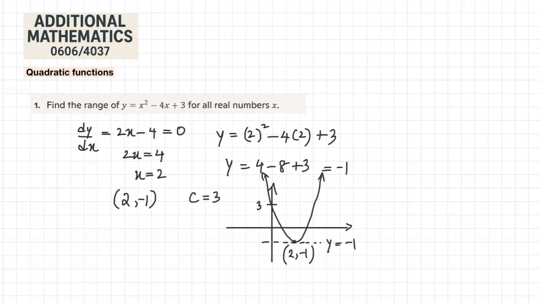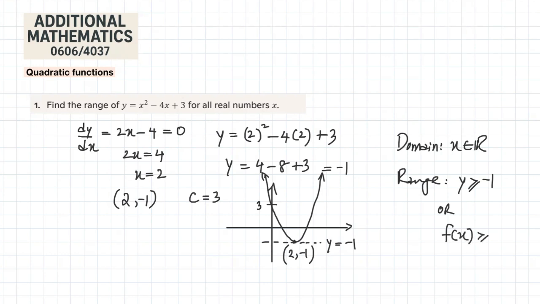So remember, inequality will be required because you have to find the range. Domain is all real numbers. Okay. So the range is going to be all values greater than or equal to -1. Or you can write it as, don't get confused by these ors that I put. I'm just giving you some variations to your answer. Okay, that's the first one.